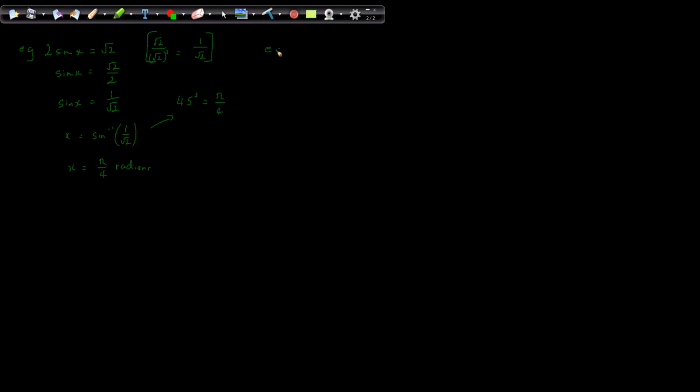Okay, let's do, I think, just one more. And since we've done a sine and we've done a cosine one, let's do a tangent one, just for fun. Right, so tan of x over 2 equal to negative root 3. Okay, once again, inverse tan of negative root 3.